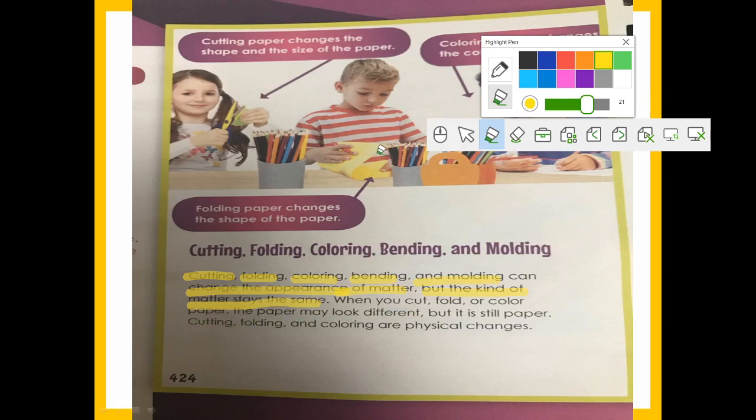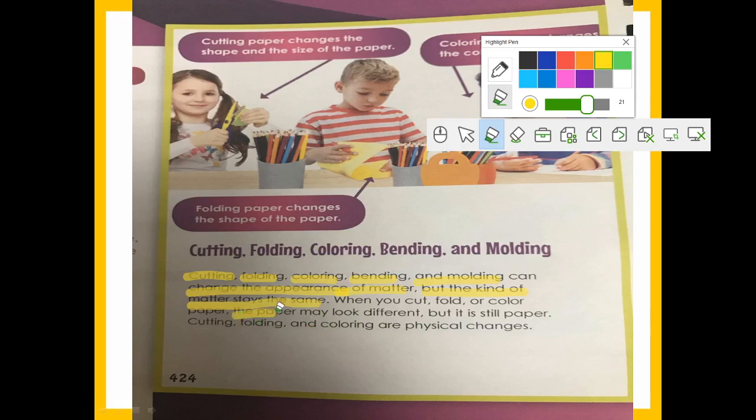Look, it was flat, now he is folding the paper. The shape of it, we have like a V shape here. Here also, the size and the shape. Here, the color.